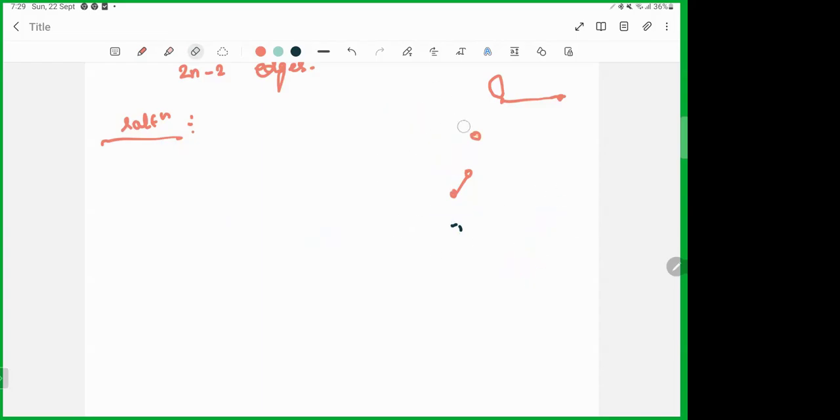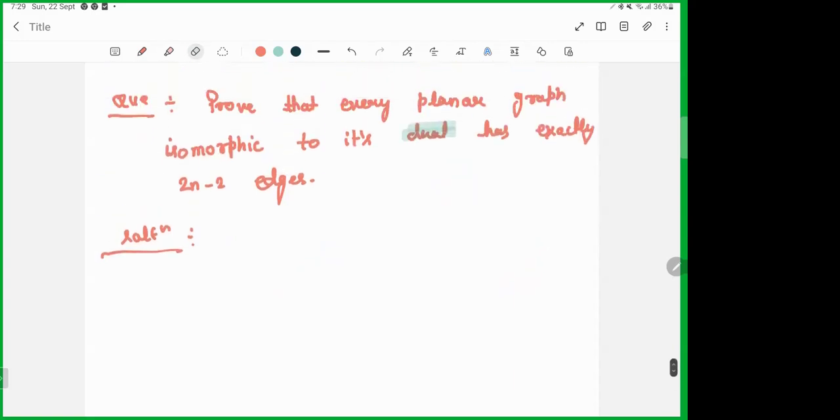Okay, so can you think now for problems? I guess this should be easy. Prove that every planar graph isomorphic to its dual has exactly 2n minus 2 edges. Can you see? 2n minus 2.